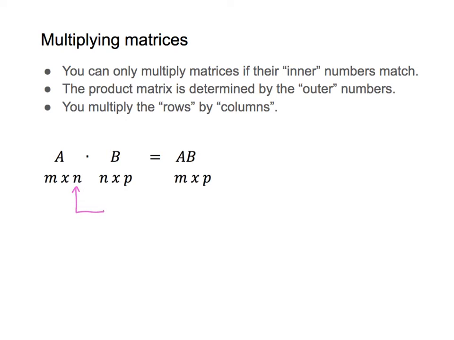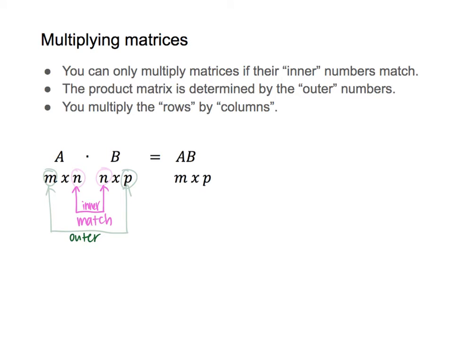So basically, the inner dimension, as I refer to it, needs to match in order to multiply. If they don't match, then it's going to be undefined. And then the outer, here's the cool part. If you know that the inners match, the outer is going to be the resulting matrix size.